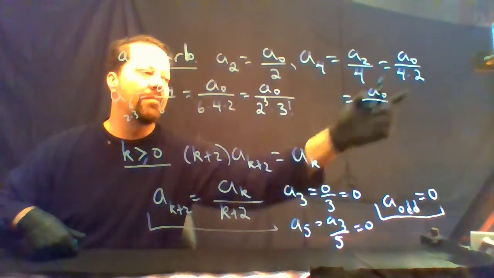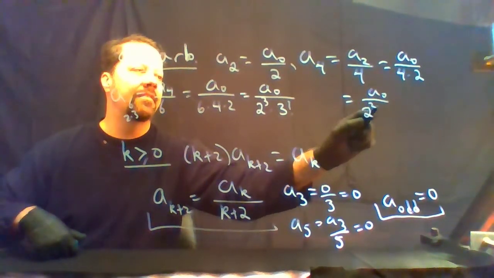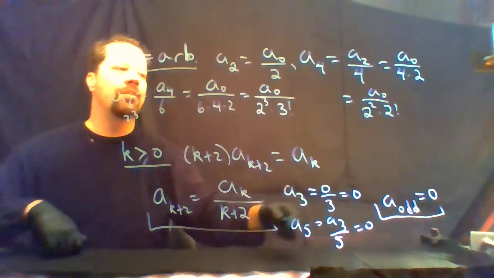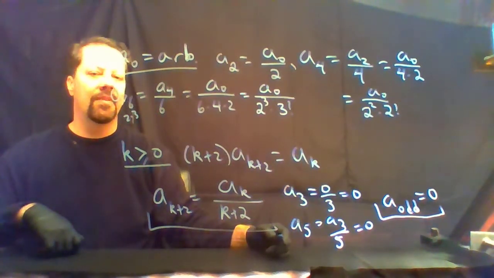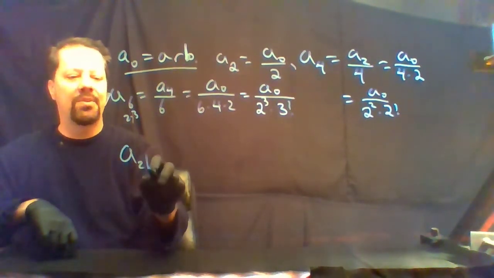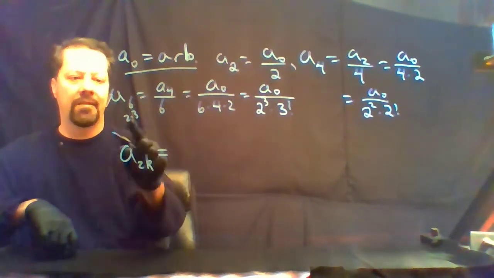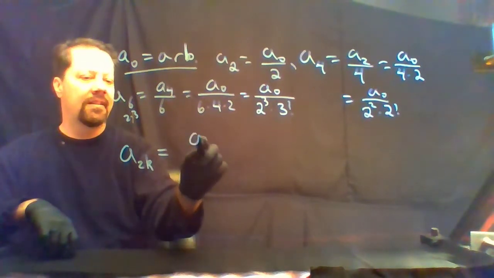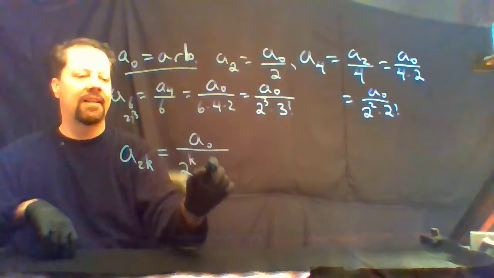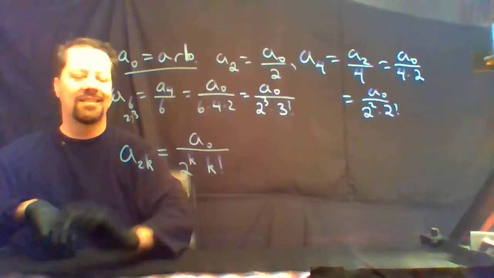We can take a 2 from each of the factors in its denominator, and what's left over is 2 times 1, or 2 factorial. We finally have a sub 2k is a naught divided by 2 to the power k times k factorial.